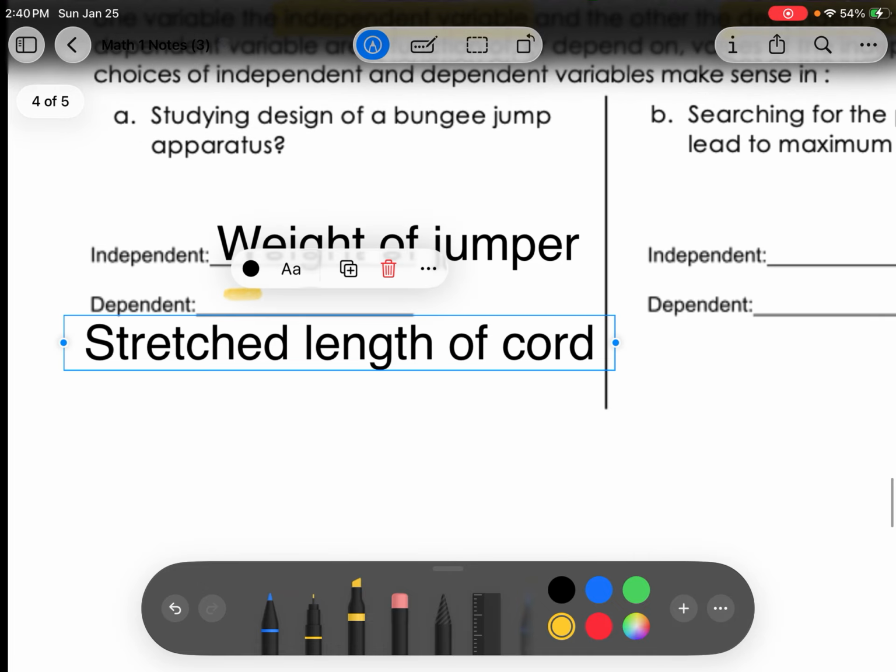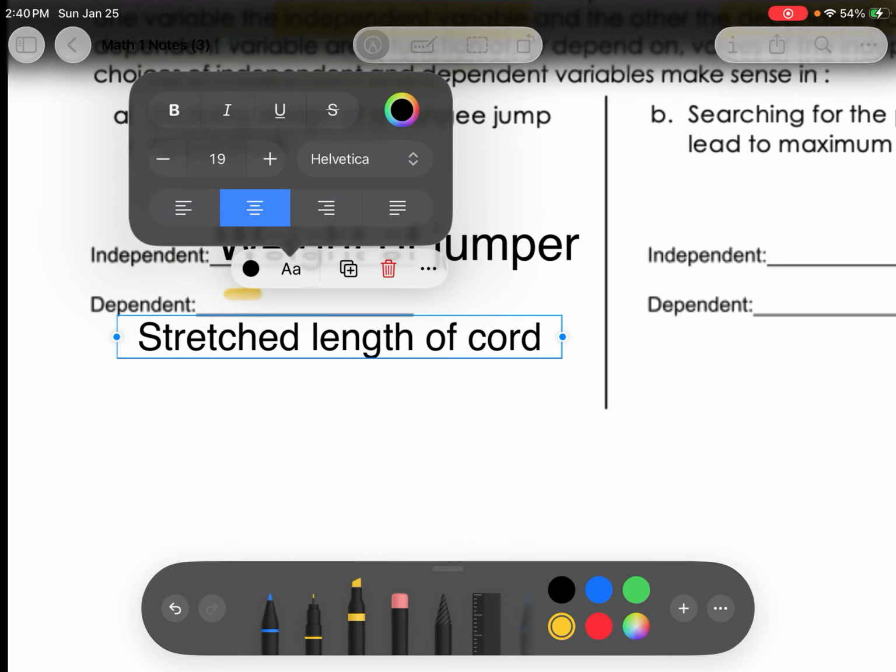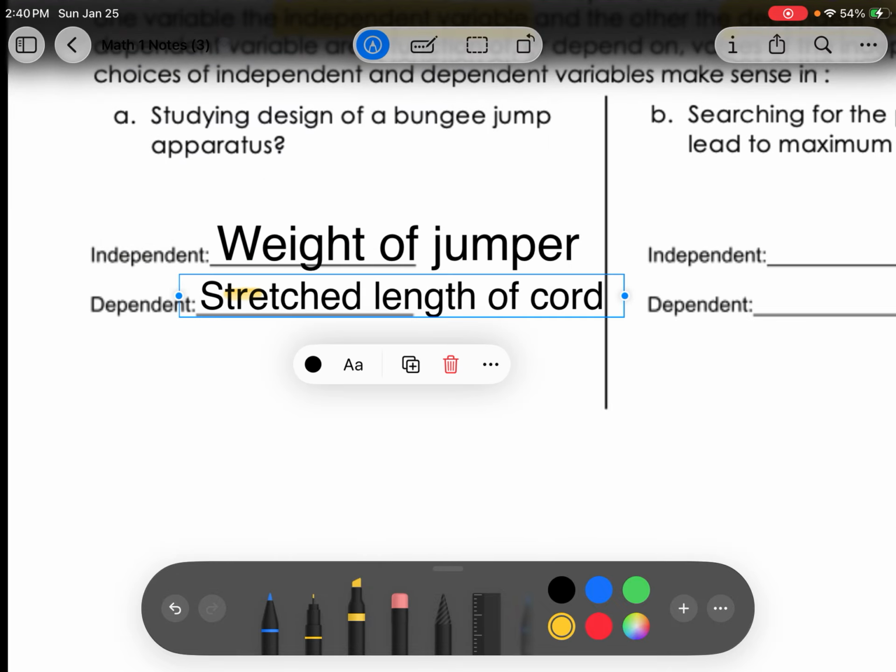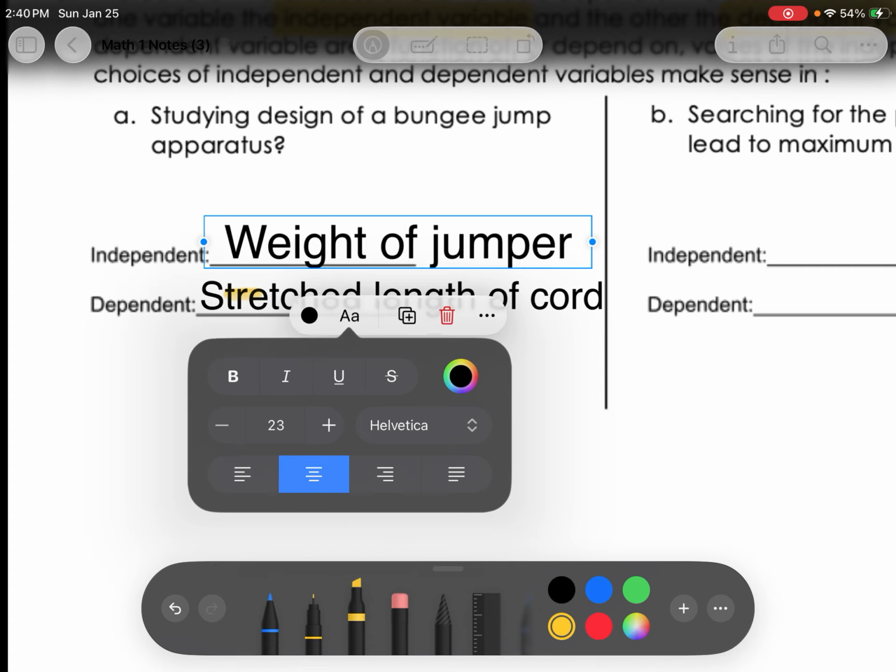Because it depends on how much weight is there for our cord to stretch. Okay?